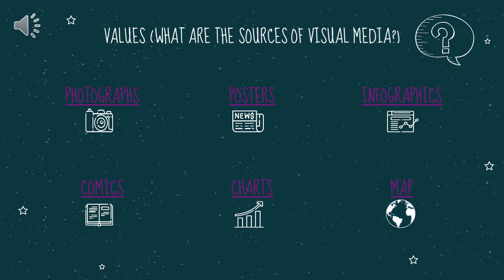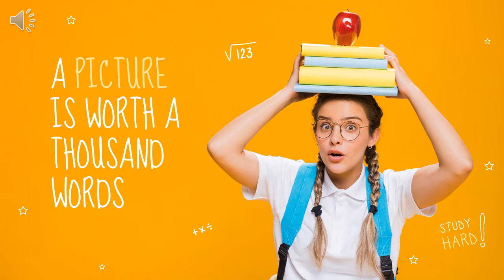The fifth is chart, and last but not least is map. In this picture, there is a sentence giving the information that a picture is worth 1,000 words, which means that if you see one picture, it will contain so many meanings.